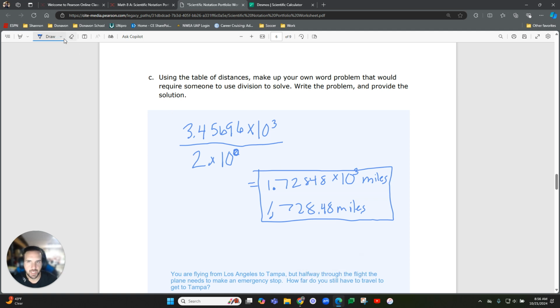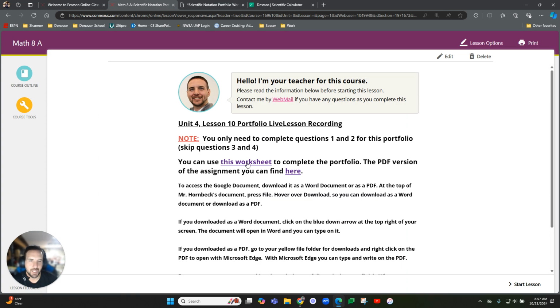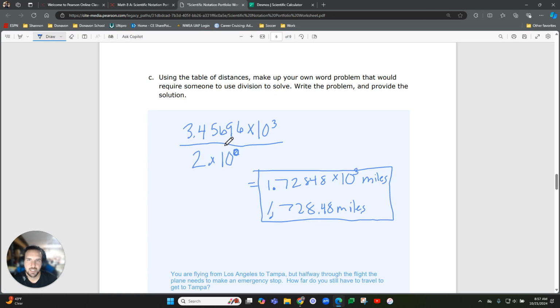You will not be able to do that in Chrome unless you have a special extension, which I don't know what that would be. Or if you download this version here, this is the Google Doc, and then you can make a copy. Again, it's a lot easier to do the PDF because you can draw on it, and it's a lot easier to do math if you can draw. I highly recommend doing it that way.